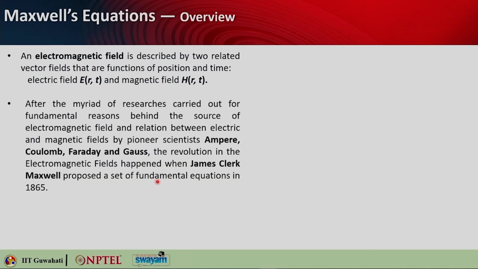After the myriad of research carried out on the fundamental reasons behind the source of the electromagnetic field and the relations between electric and magnetic fields by pioneer scientists like Ampere, Coulomb, Faraday, Gauss, the revolution in the electromagnetic field could happen when James Clerk Maxwell proposed this set of fundamental equations in 1865.